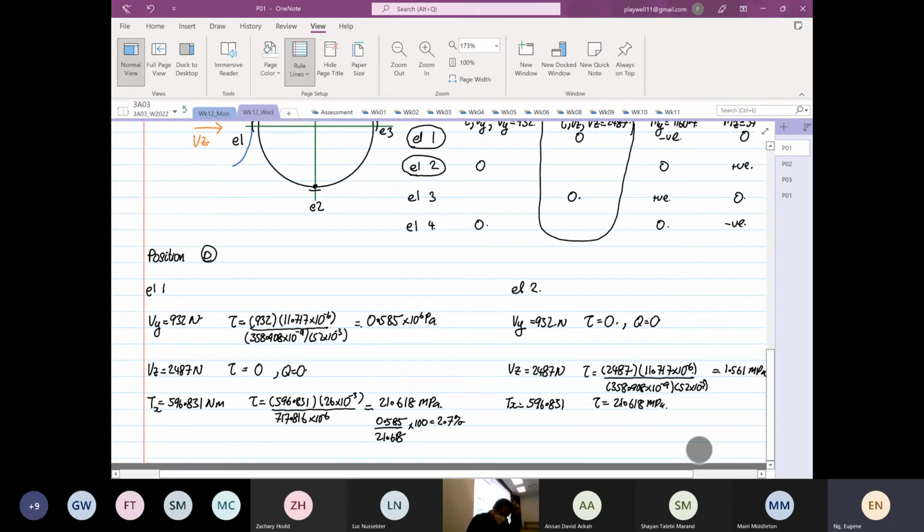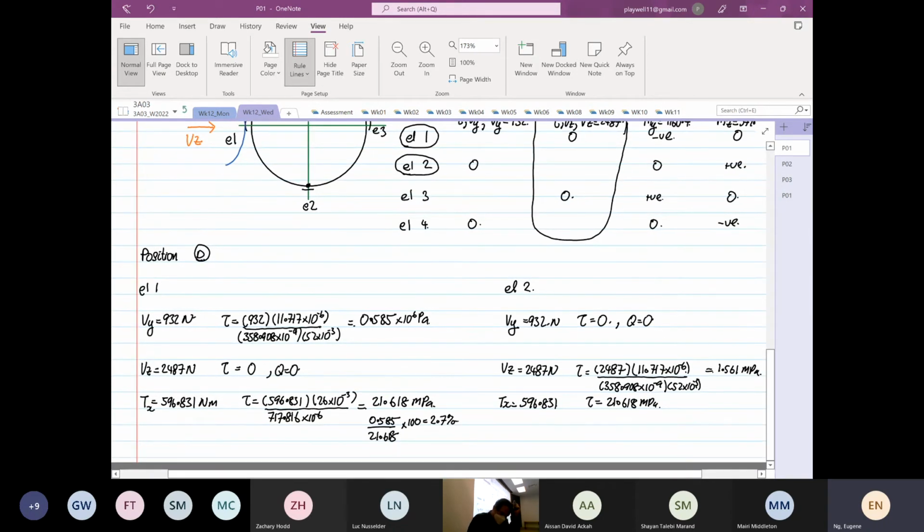But the other one, if we take 1.561 divided by 21.618, then we multiply by 100 to see how significant it is. This is 7.22%.